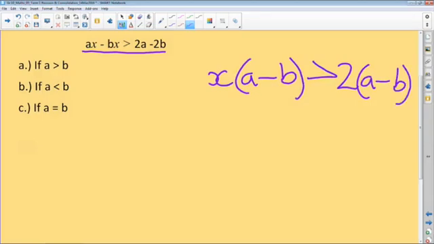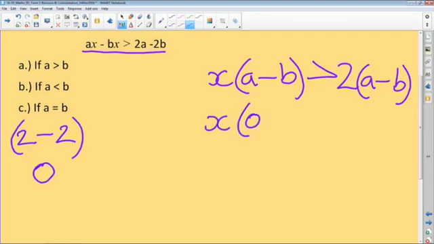Now, if a is equal to b, what answer would we get? We'd get an answer of 0. So that means we've got x times by 0 is greater than 2 times by 0.